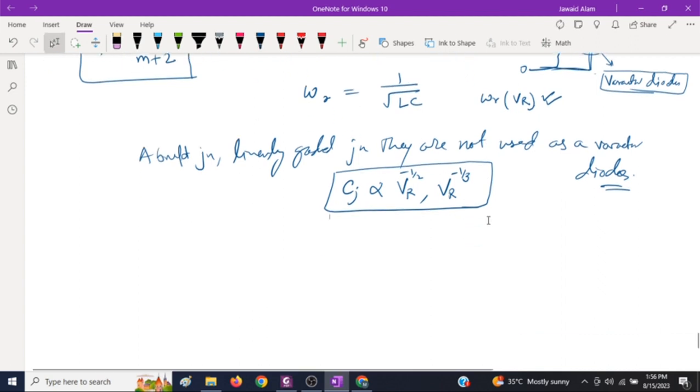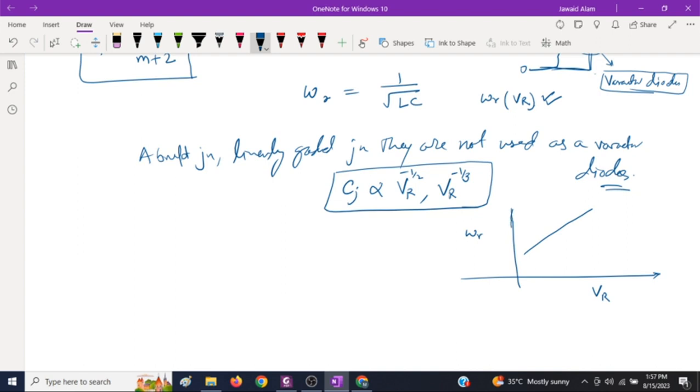What we want in practical applications is that if we change the VR, the resonant frequency should be linearly related. That will be quite good for applications.